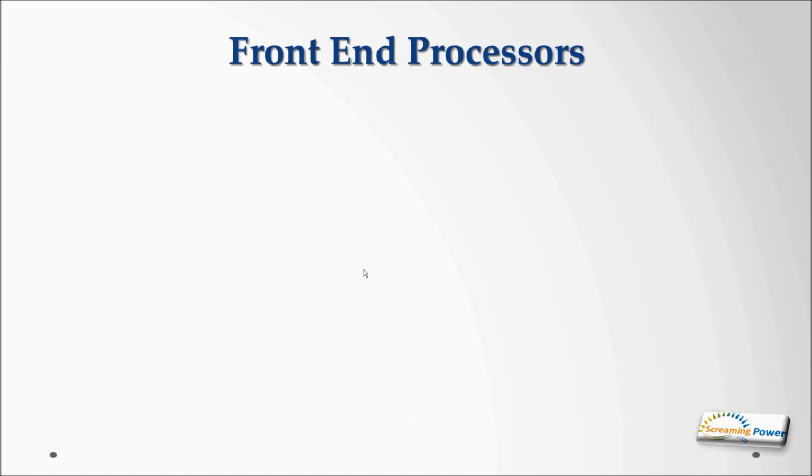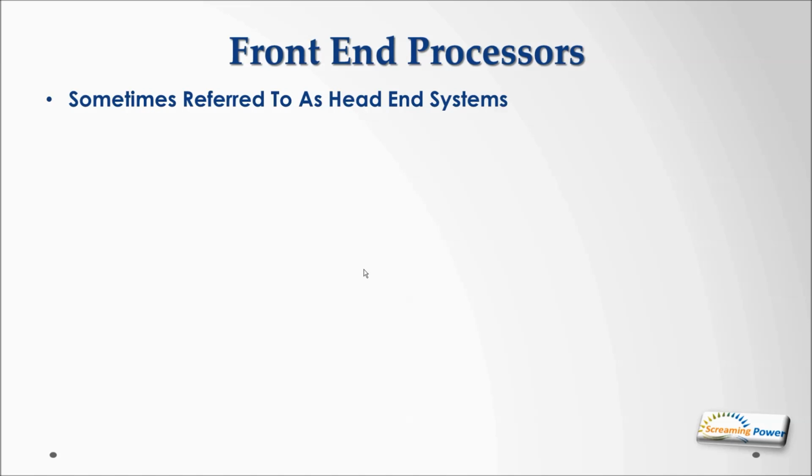Now let's quickly look at the front-end processors. Some AMI vendors refer to these as head-end systems, but when they talk about head-end systems, they're really talking about data concentrator functionality.